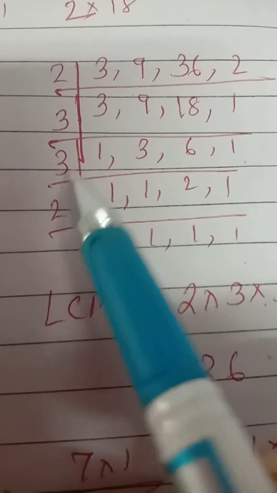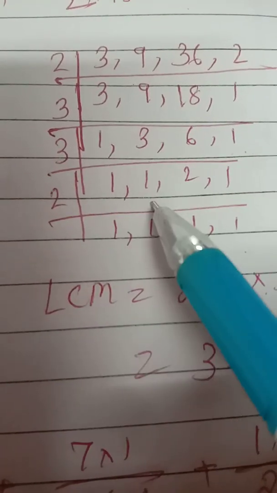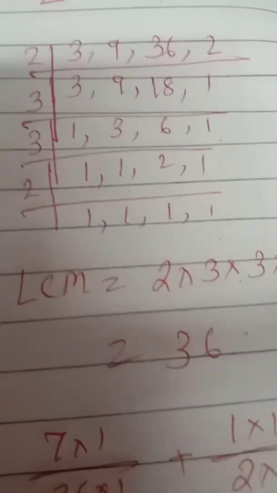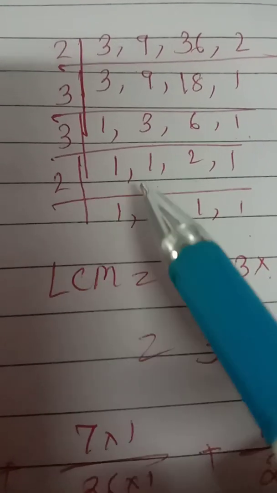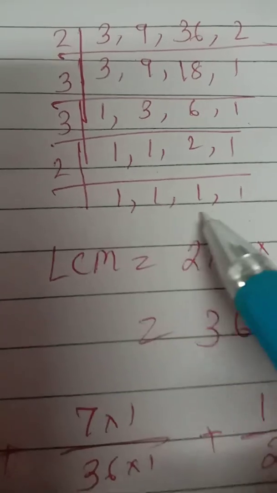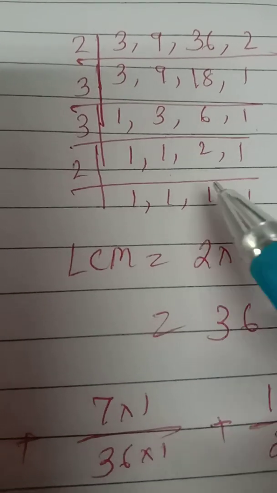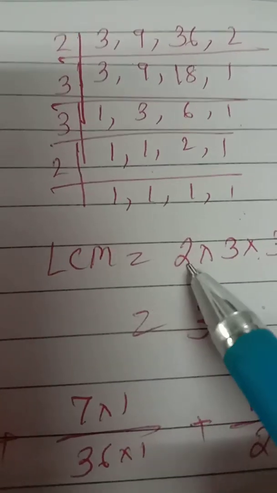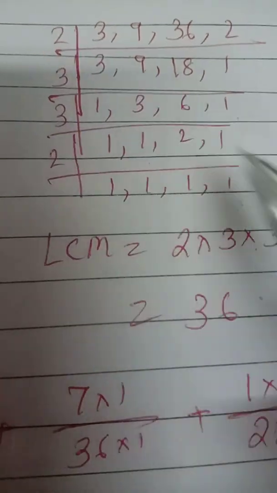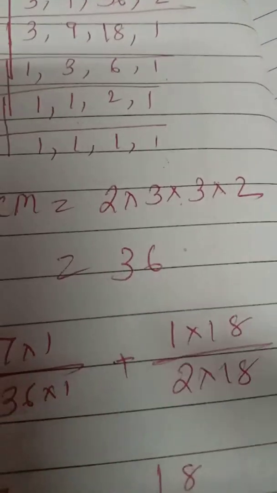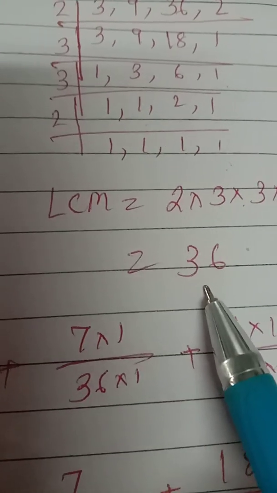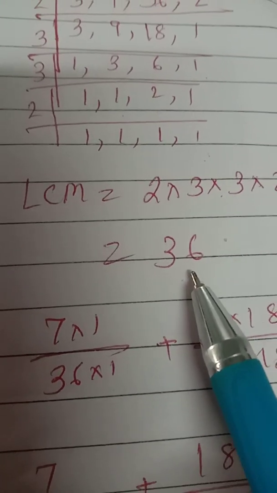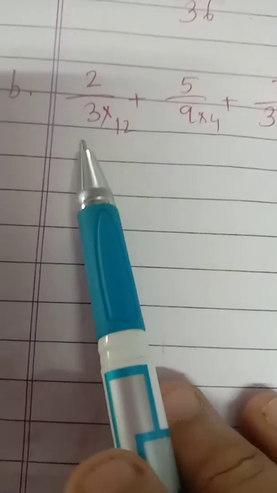Next again 3: 1 as it is, 3 1s are 3, 3 2s are 6 and 1 as it is. Now apply 2: 2 1s are 2, all the 1s come over here. So the LCM is 2 into 3 into 3 into 2, that is 3 2s are 6, 6 3s are 18, 18 2s are 36. Now divide this 36 by the denominators.